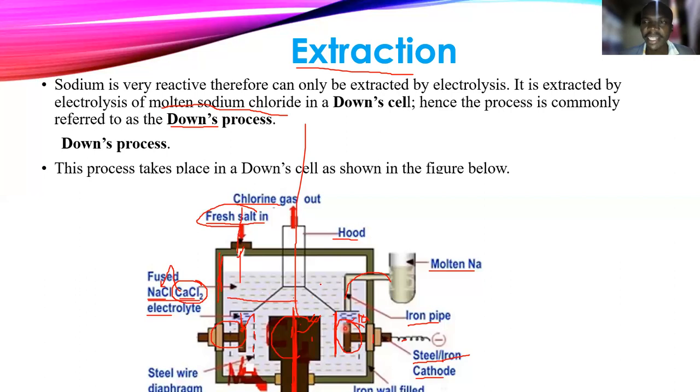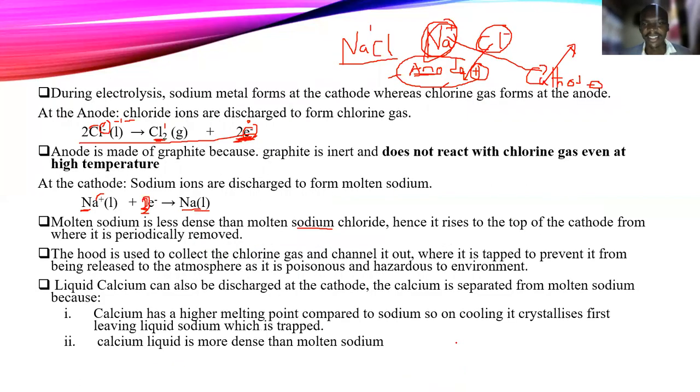So being that sodium is less dense, it will float, and you can now tap it. It will float at the top of the cathode, because you know that it is produced at the cathode. It is here. So you can tap it out because it is less dense than sodium chloride. Sorry for that.